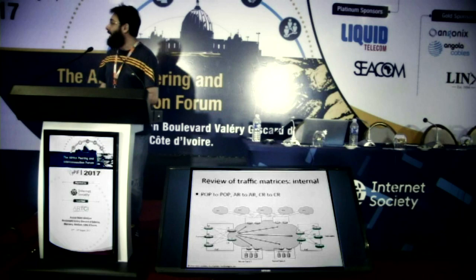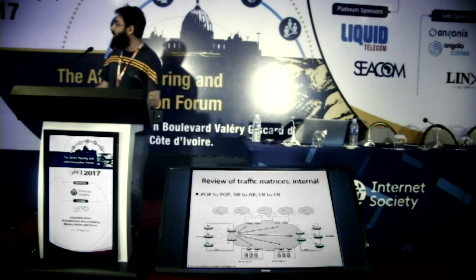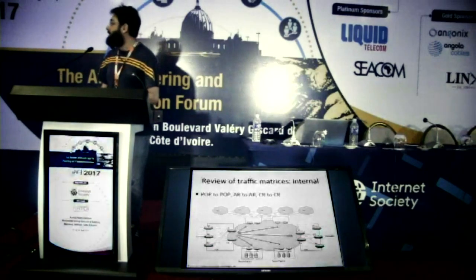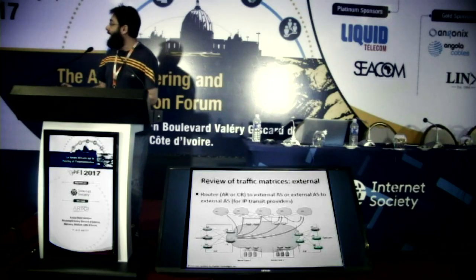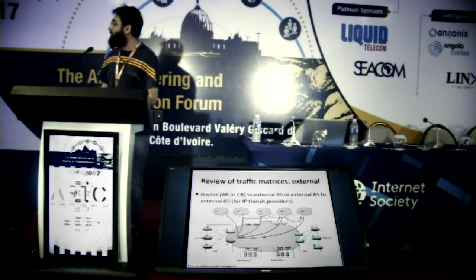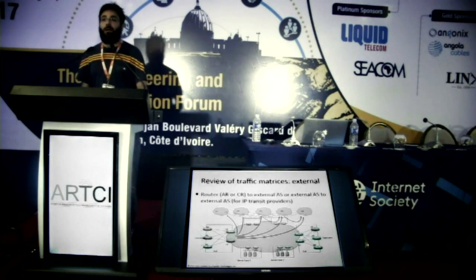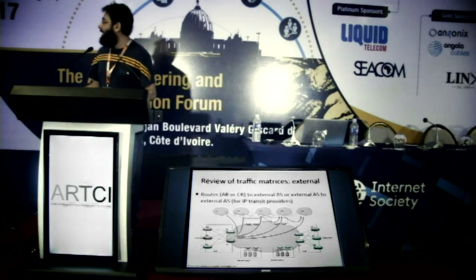It doesn't say anything about the ecosystem around you, for example your peers, your transits, or your customers that are running BGP. An external traffic matrix instead has this extra information, so you can consider all that extra information as part of the traffic matrix.